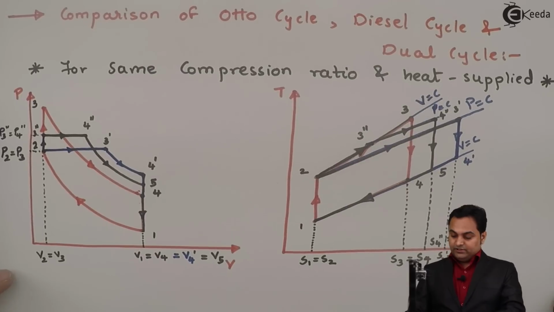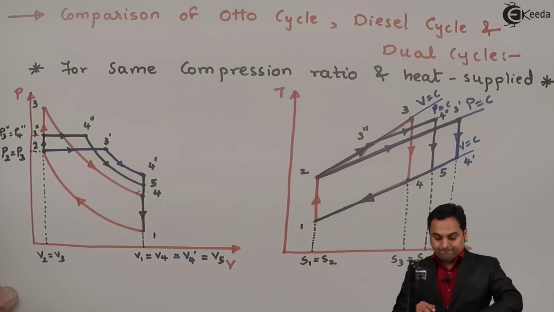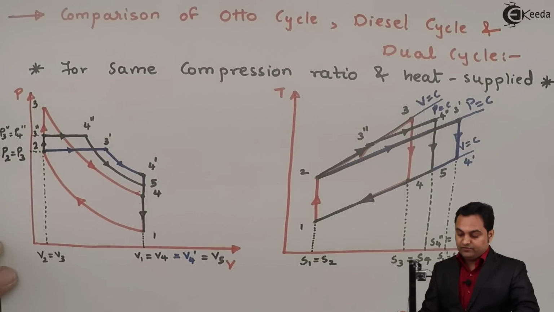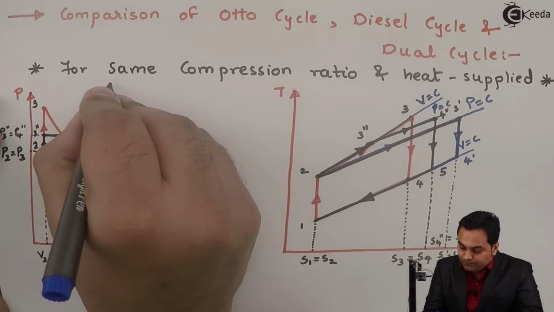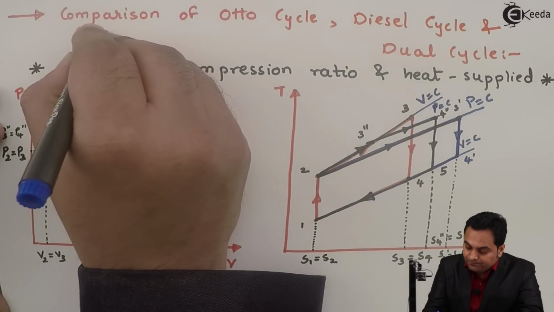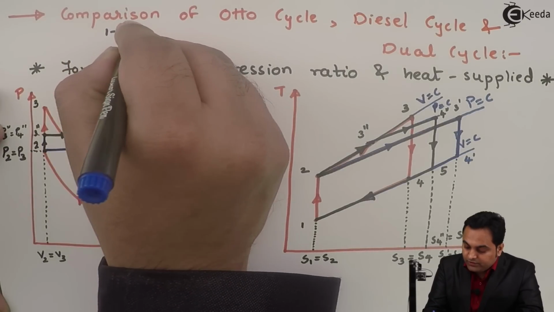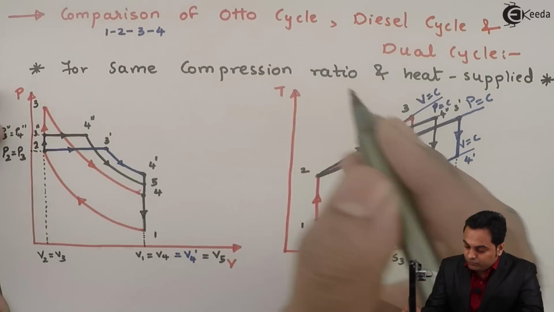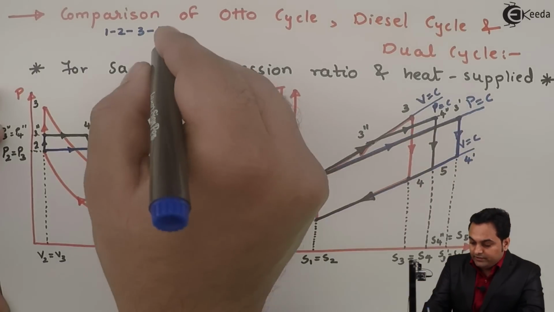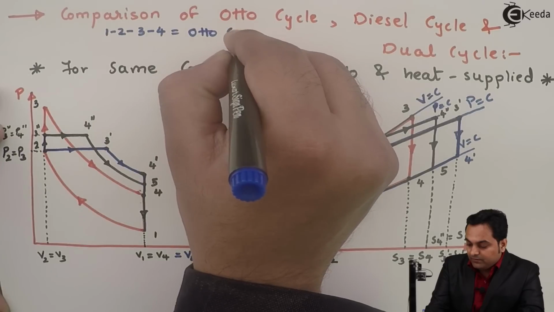In this I'll write down the notations which I have used here, that is 1, 2, 3 and 4 represents Otto cycle.